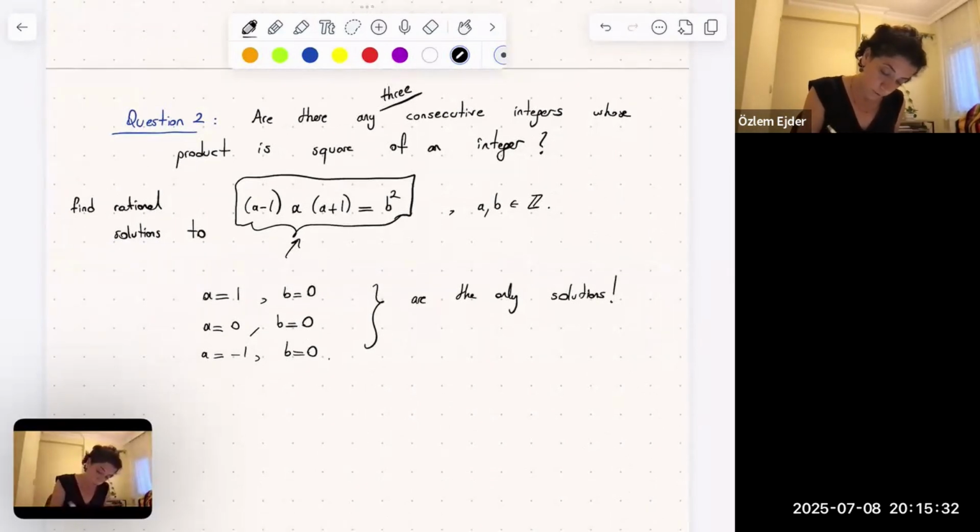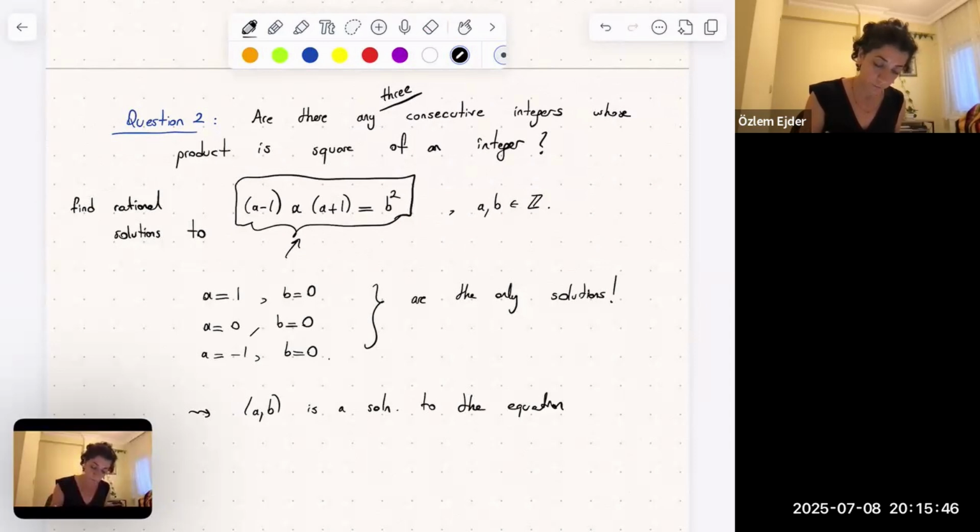So I turn this into the equation. This says that (a, b) is a solution to the equation y squared equals x cubed minus x.